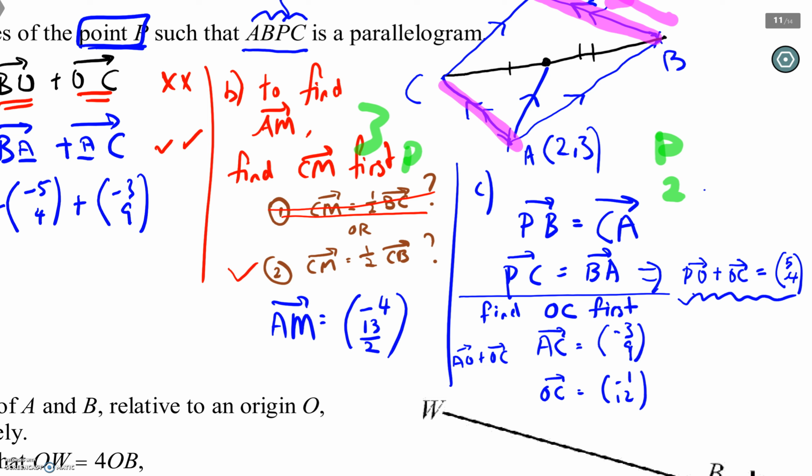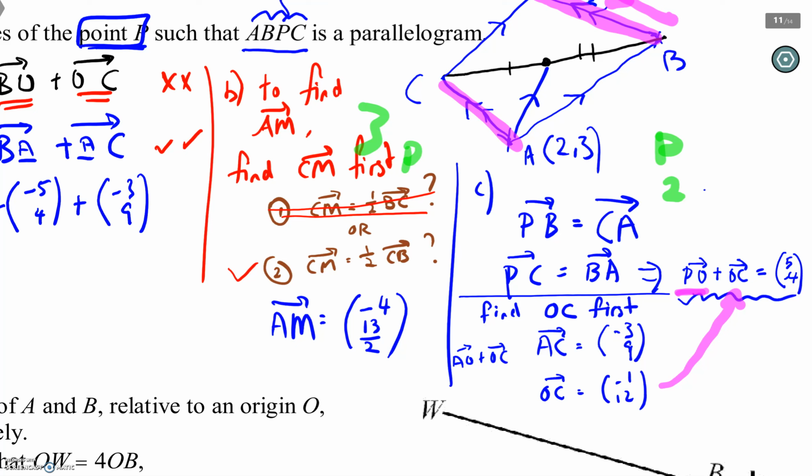Now, looking at C, how do you find it? You can either use the first one or the second one. If I want to find OC first, I can use AC because I know AC is AO plus OC. I find what is OC and then I link this back here to find PO.